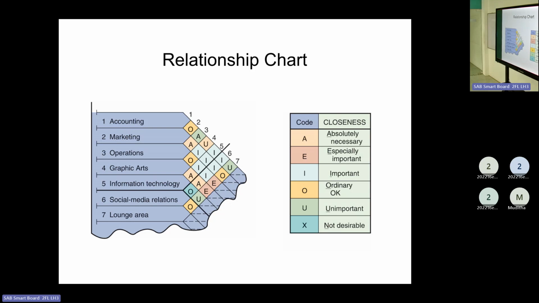Is that clear? So I just explained this to you. Now it's a systematic way to plan a layout or evaluate an existing layout and improve it, even in your department style. Because you don't have the numbers, but based on your preferences, you can evaluate the existing layout and keep improving the layout.